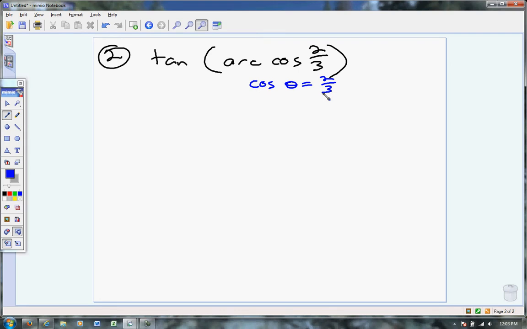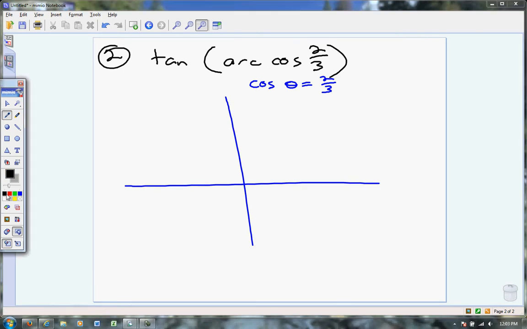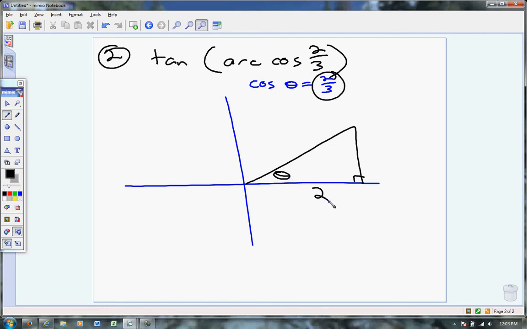Which means I need to draw it in quadrant 1. So I'll draw my triangle in quadrant 1. And this angle right here is my theta, of course. Since it's cosine, it's adjacent over hypotenuse. I'm given this 2/3, so the adjacent side is 2, the hypotenuse is 3.